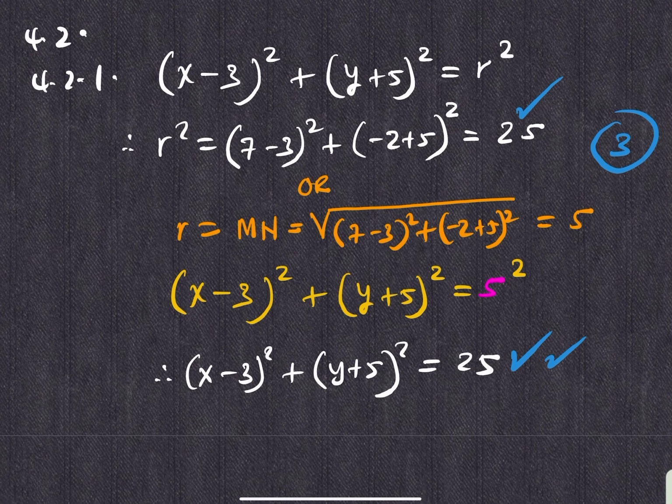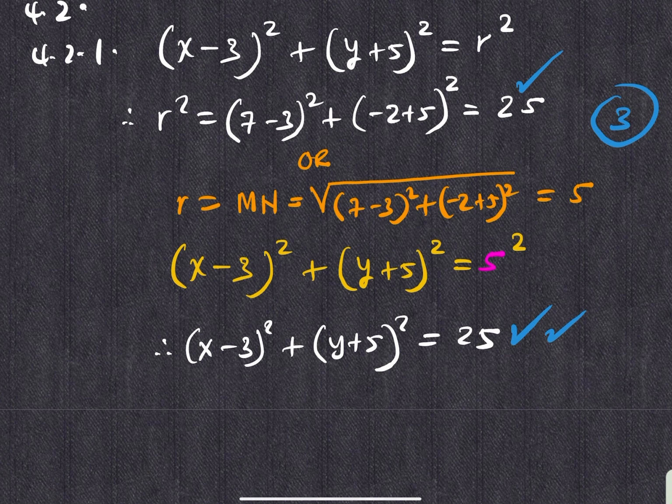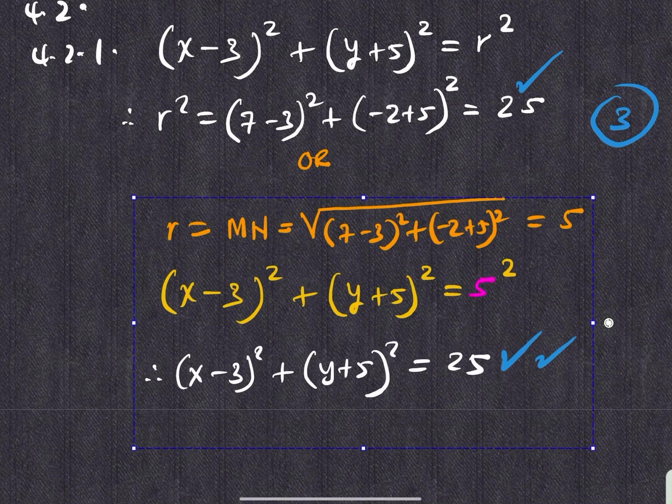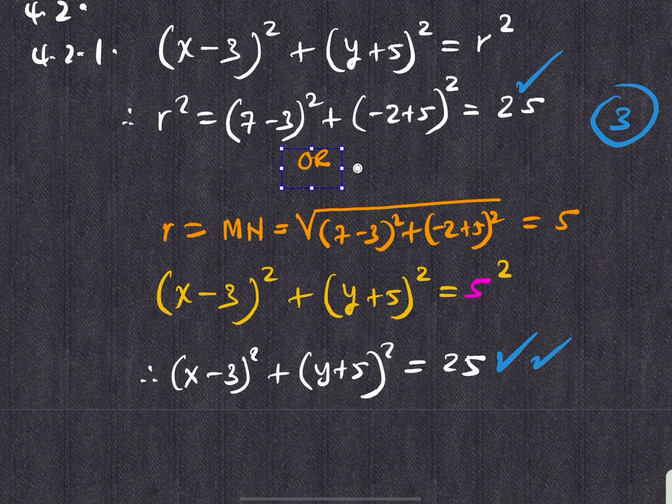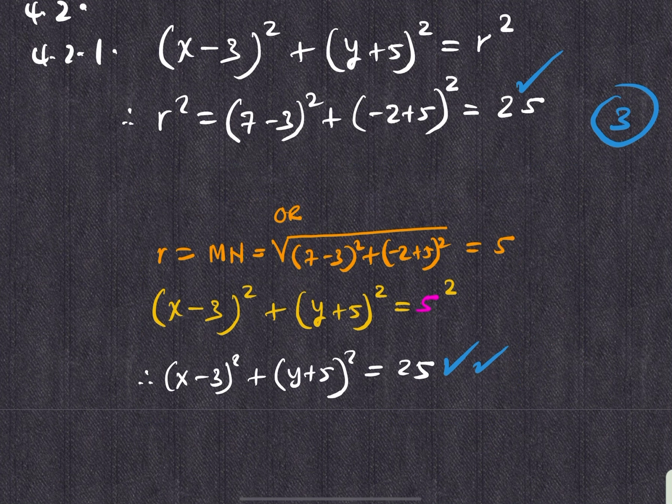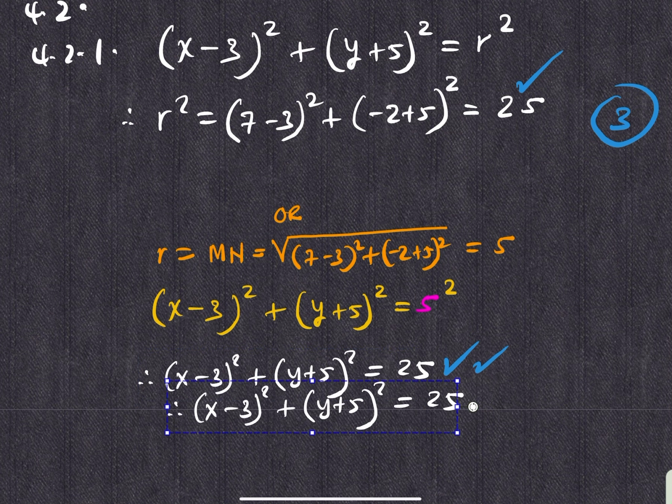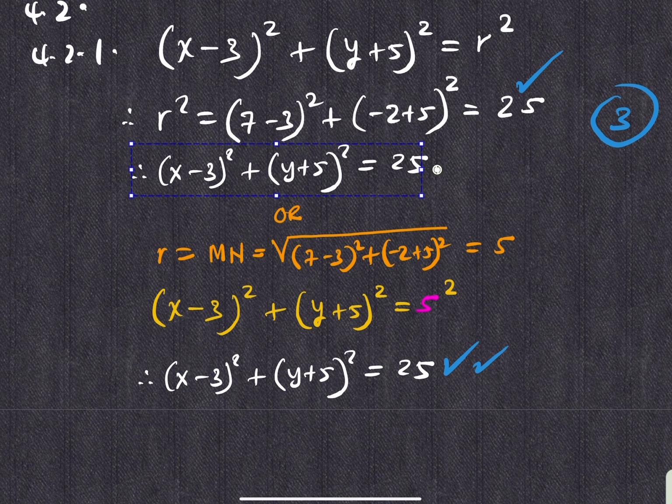So in actual fact, let me just emphasize that this one is the second alternative. What is required from you guys is primarily this answer here, these first 3 steps, or you can use the other method, the one that I'm just writing for you here.